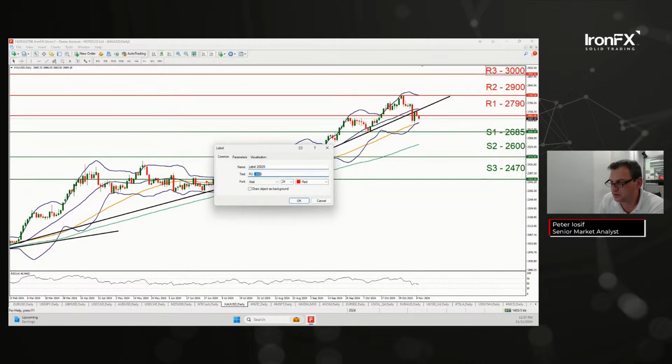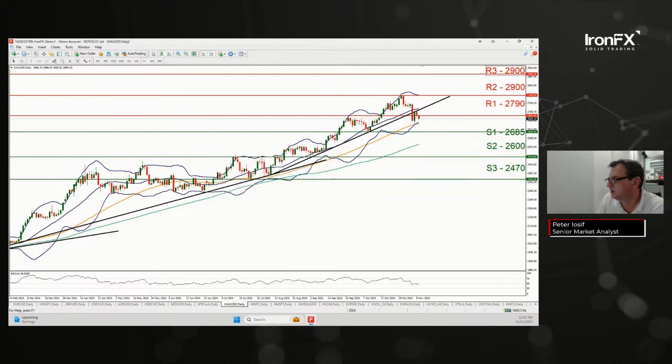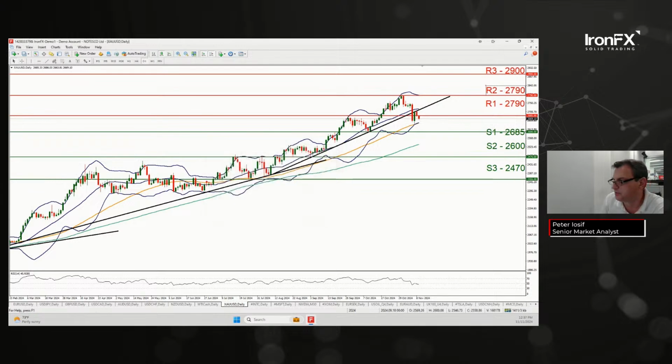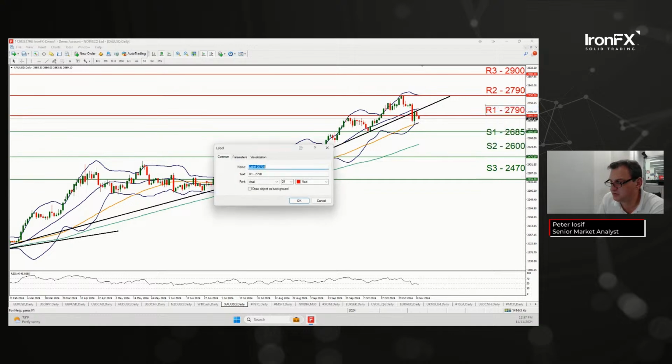R3 is now being set at 2,900. The R2 at 2,790, which is practically the record high for the precious metals price. The R1 at 2,685.